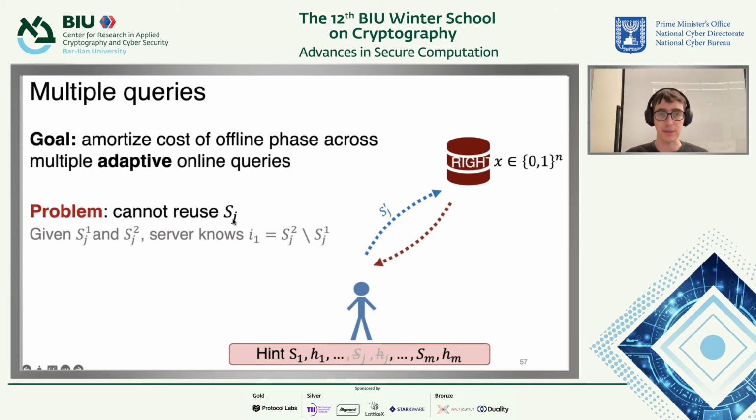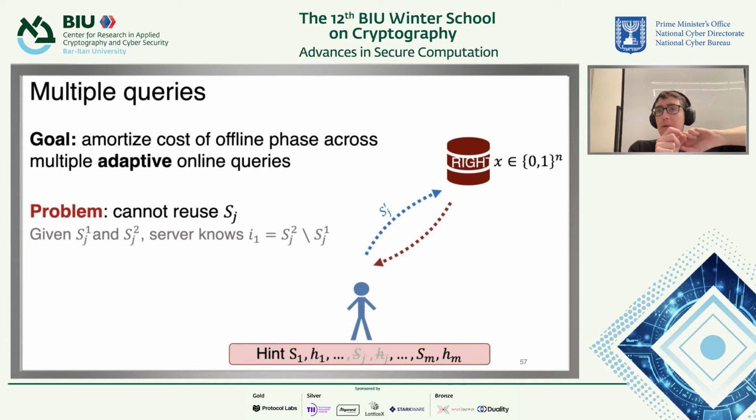Once we use a particular set, we must never use it again for another query to the server, because if we do, then we'll have a security problem. What will the problem be? Imagine that I use the same set S_J for 2 different queries, and each time I was after a different index, so I remove different indices. What the right server will see is almost an identical version of the set.